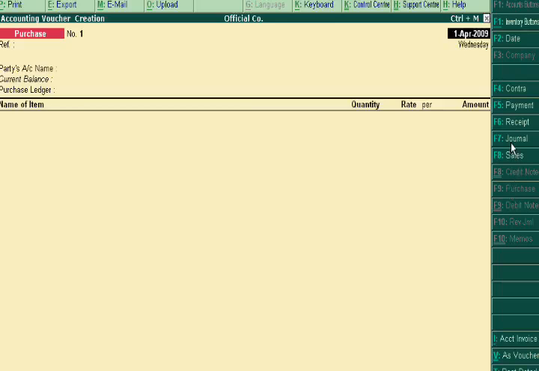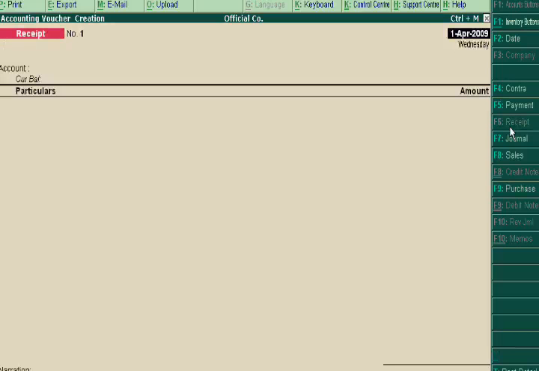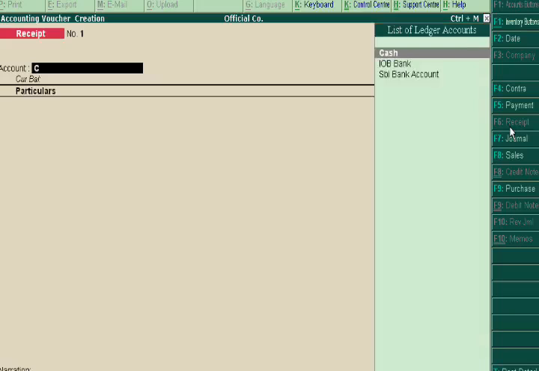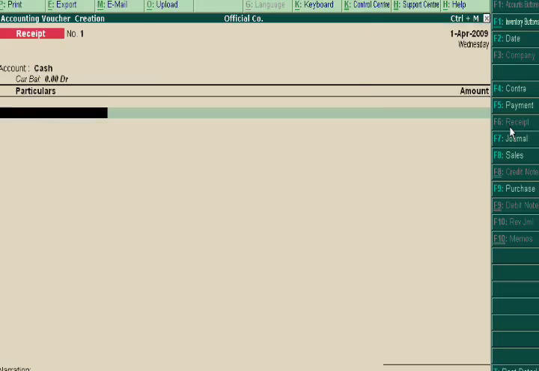Now we start. Suppose we have a simple and small business, and we invest the money of 10,000 in our business. Cash account will receive from our capital.